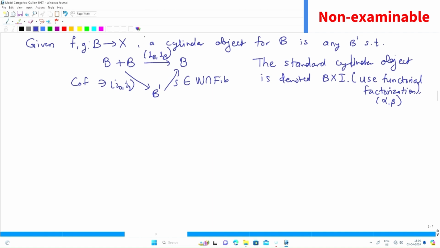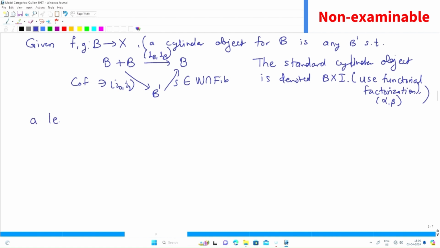I mean, this is actually an independent definition. Given f and g, I haven't really used f and g so far. This is a cylinder object. And now I'm going to start talking about this given f and g.